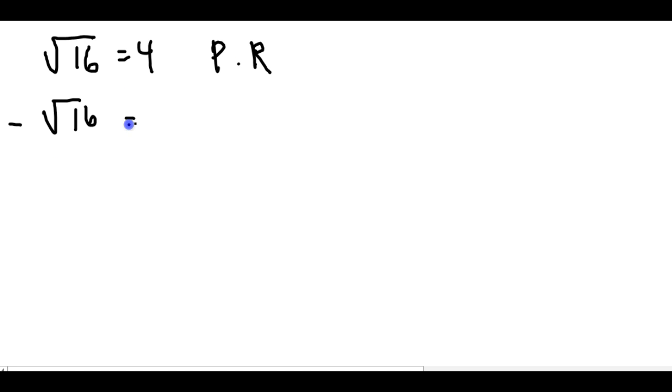So basically you take the principal root and multiply it by a negative. So if our principal root is 4, then this would be negative 4. Okay? Now, if you have a plus or minus in front of the square root of 16, this means we want both roots. This means we want both plus and minus 4.